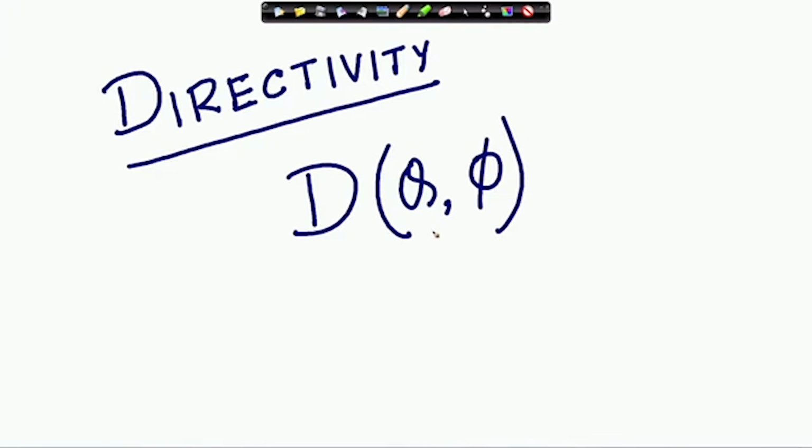Now, any source of radiation, that means a current distribution that is radiating, radiates in different angular sectors, so I will have to find the power that it gives in a particular angular direction.